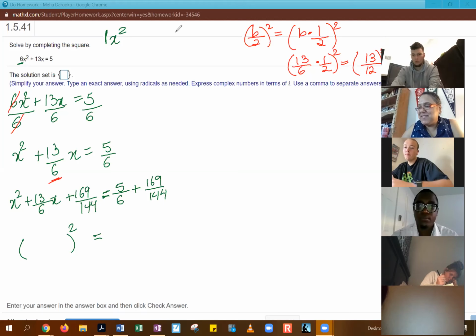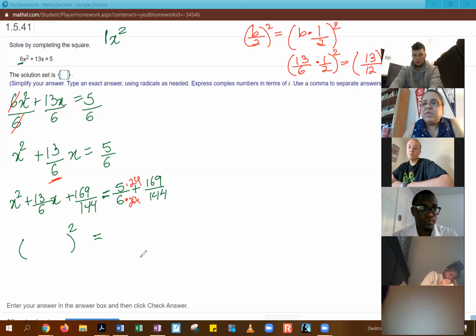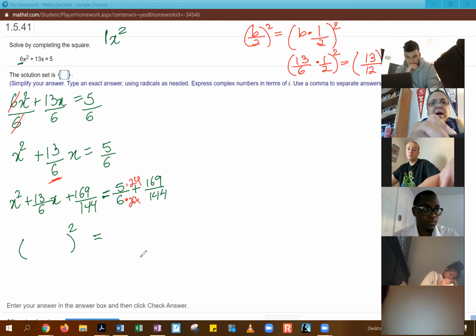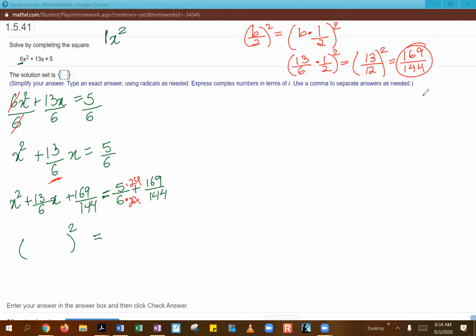Okay, yeah. So if you just take 144 and divide it by 6, you will see that 6 goes into 144 24 times. So you actually want to use 144 as your common denominator, which means you would be multiplying that 5 over 6 by 24. And that will end up giving us that common denominator of 144. So we're multiplying this by 24.